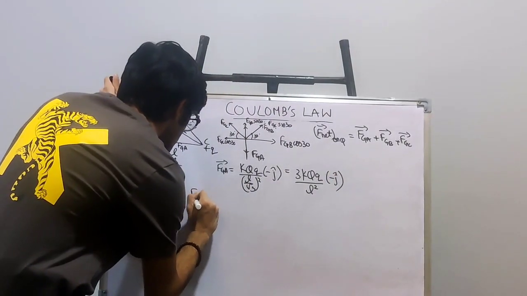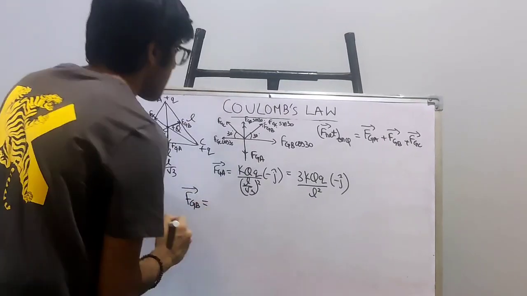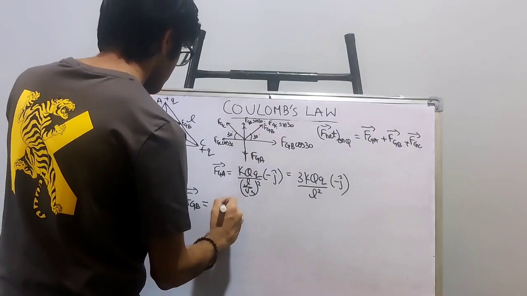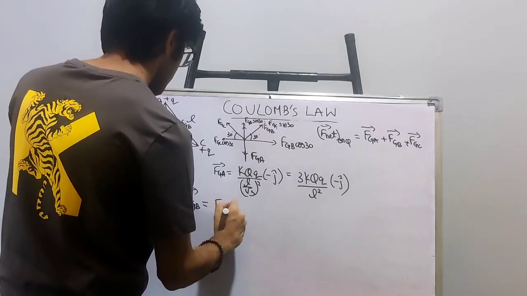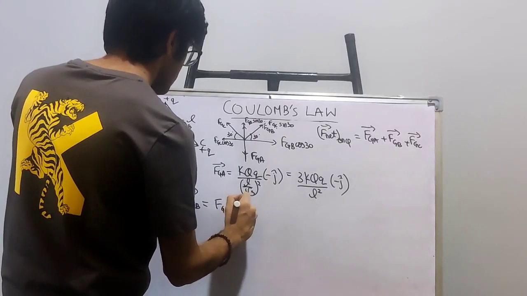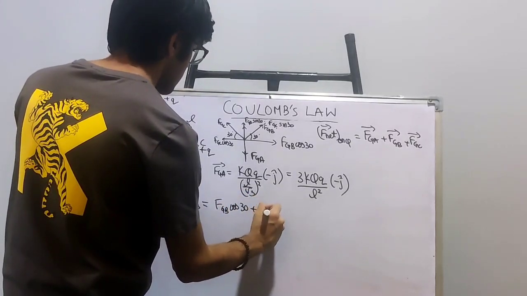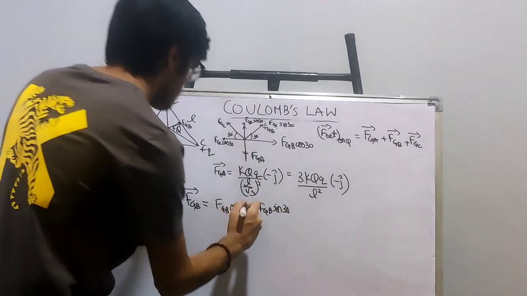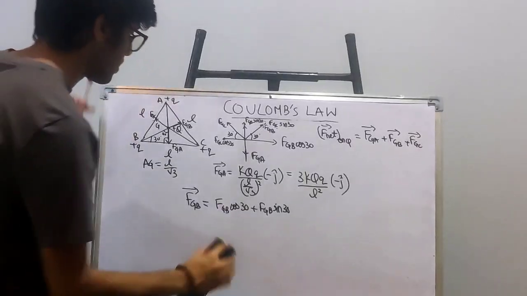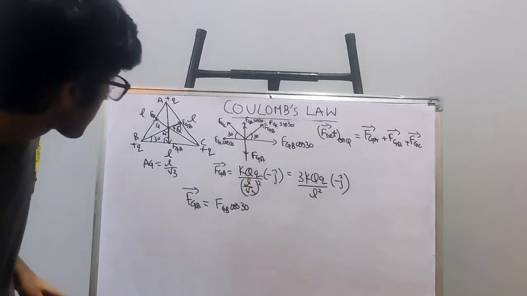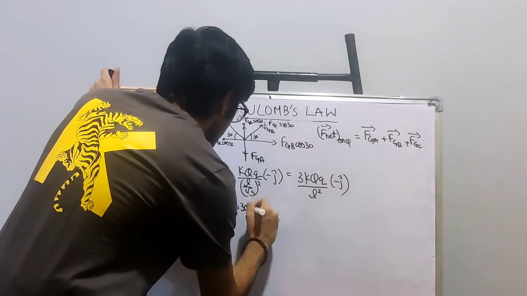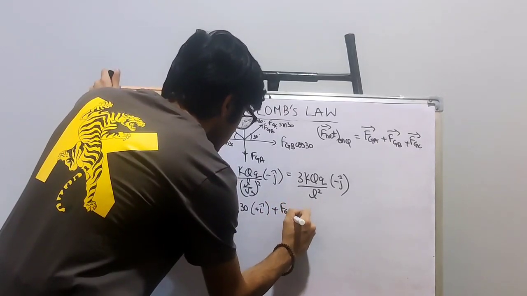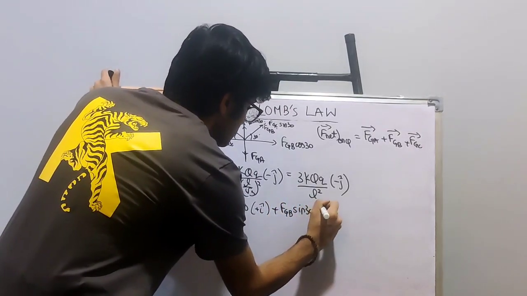So the force on G due to B would be FGB cos theta plus FGB sin theta, that is FGB cos 30 plus FGB sin 30. I forgot to add the direction. FGB cos 30 is towards positive I cap, plus FGB sin 30 is towards positive J cap.